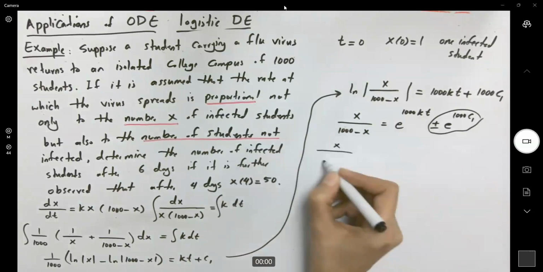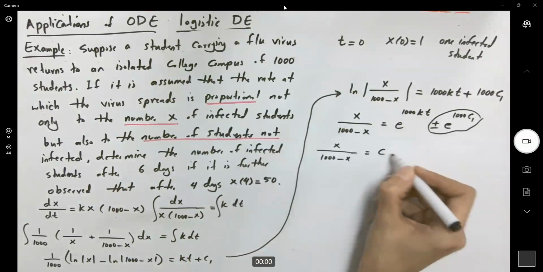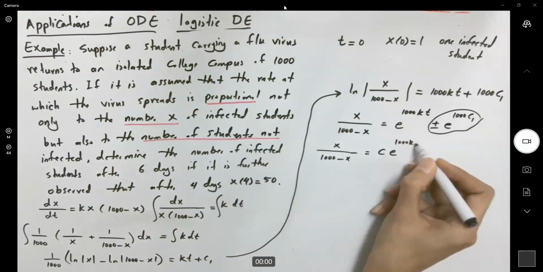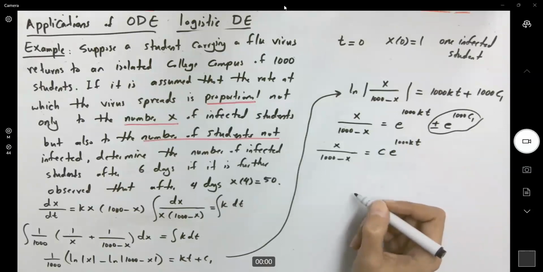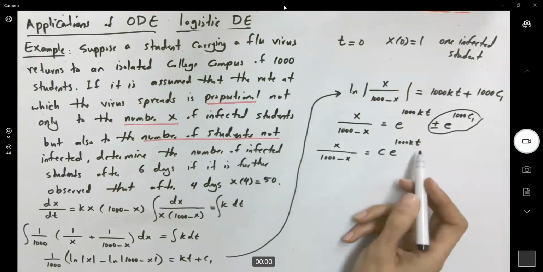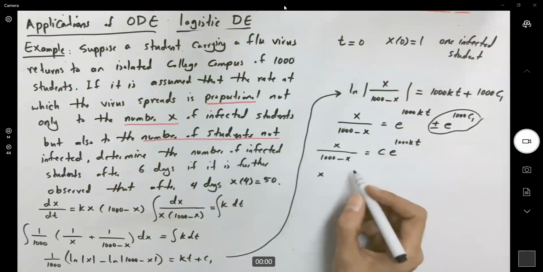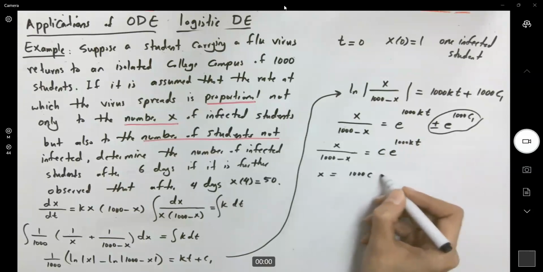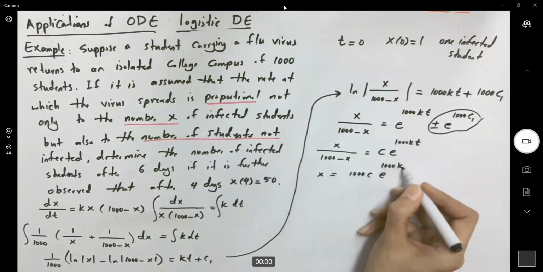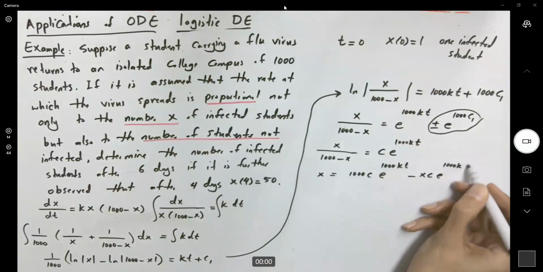So x over 1,000 minus x is equal to c e to the 1,000kt. Well, we can isolate x on one side. If you multiply everything by 1,000 minus x, x becomes 1,000 c e to the 1,000kt minus xc e to the 1,000kt.